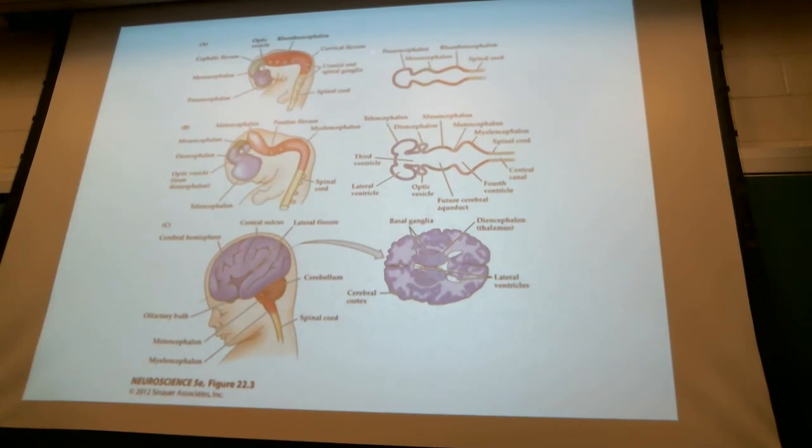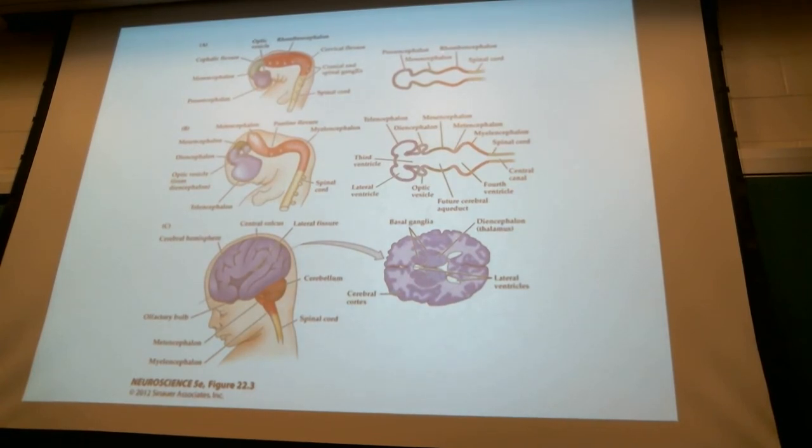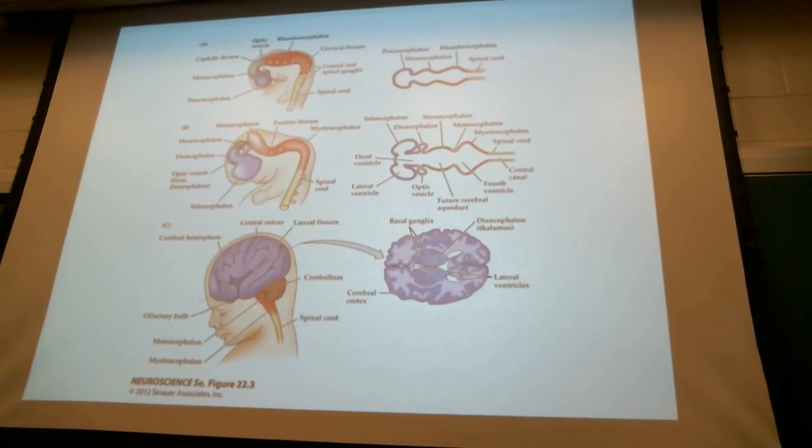The first one, the most anterior part, is called prosencephalon, and then mesencephalon, rhombencephalon, and then the spinal cord. As you grow, this part begins to bend, right? And then the prosencephalon will become two parts, telencephalon and diencephalon, and the rhombencephalon will become metencephalon and myelencephalon.